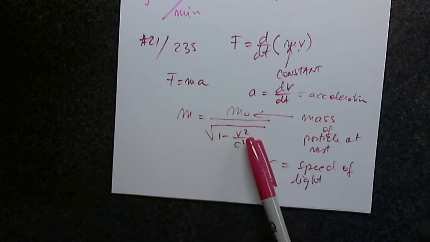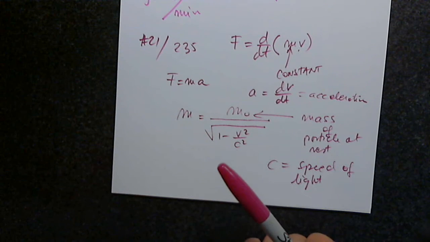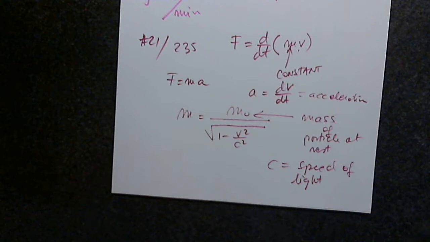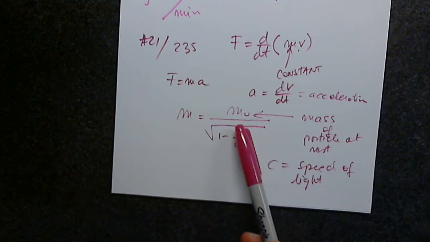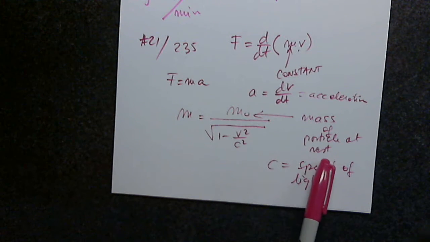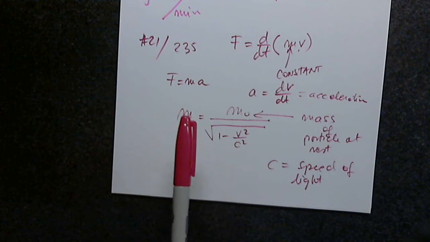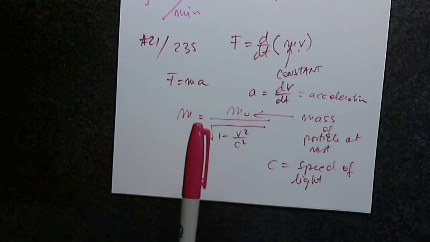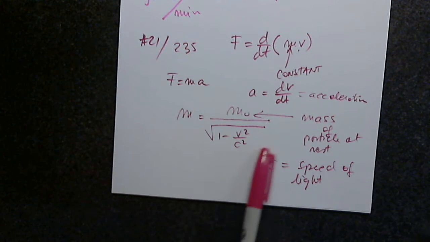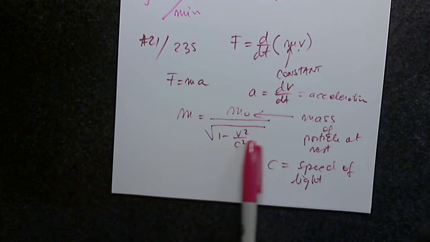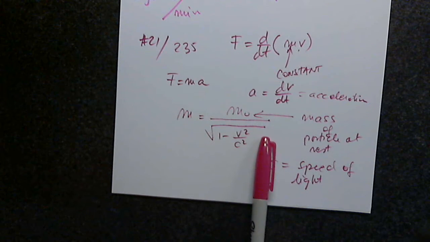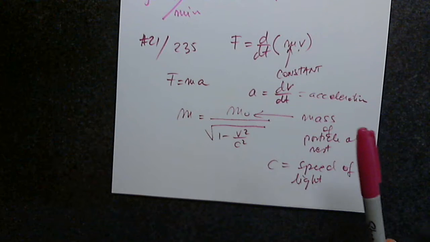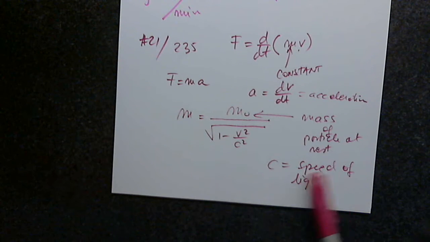But in the theory of relativity, the mass of a particle varies with the velocity. So this is the mass of the particle at rest, but the mass when it's moving depends on this expression, where m0 is the mass at rest, and c is the speed of light. Find F.